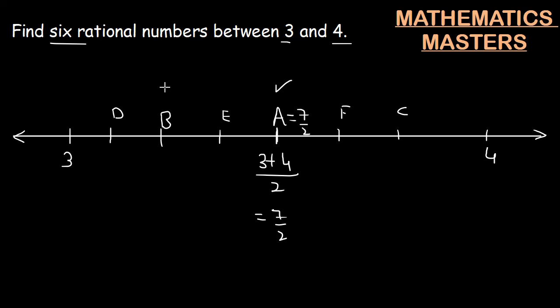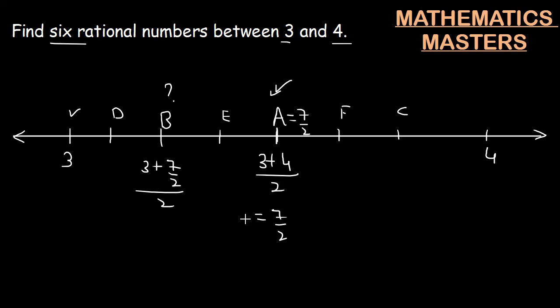Let's find out the B. B is in the middle of the number 3 and the number A. So B would be the average of the number 3 and 7 by 2.